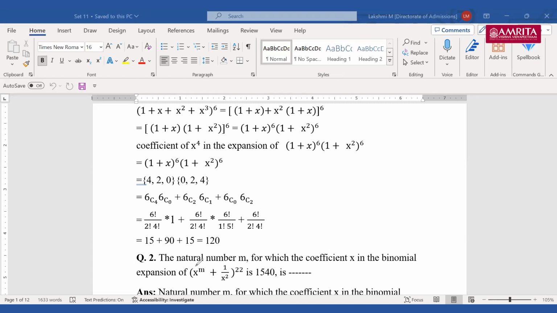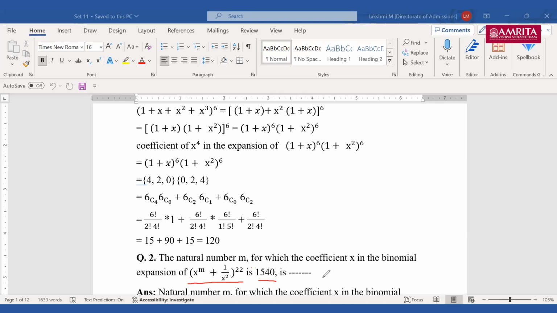The natural number m for which the coefficient of x in the binomial expansion of x raised to m plus 1 by x square, whole raised to 22, is 1540. You have to find the natural number m for which the coefficient of x in the binomial expansion is 1.